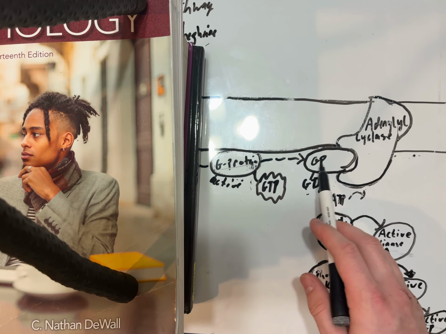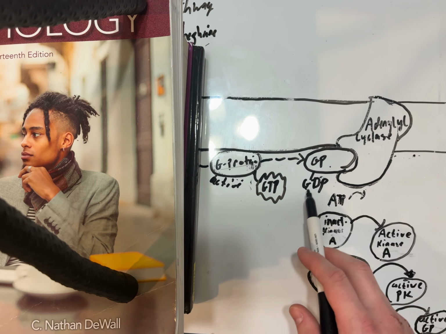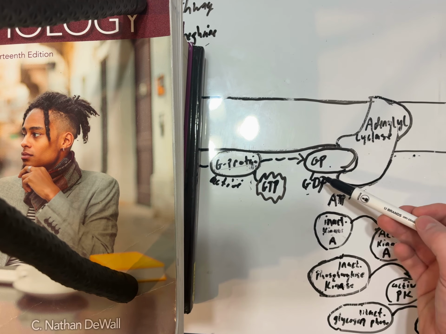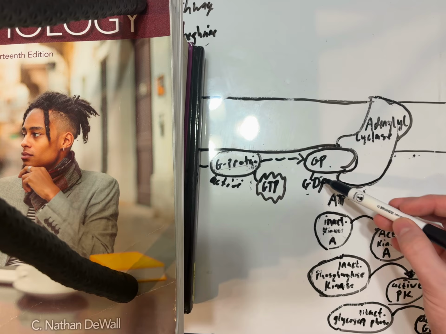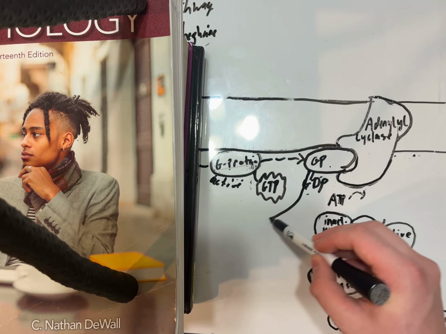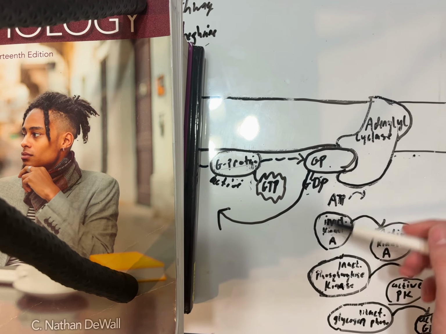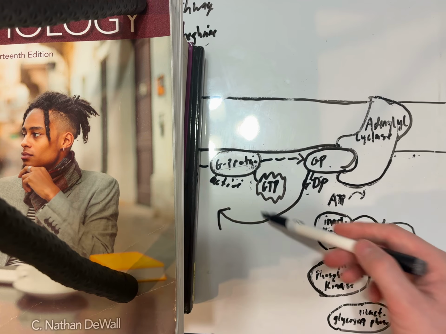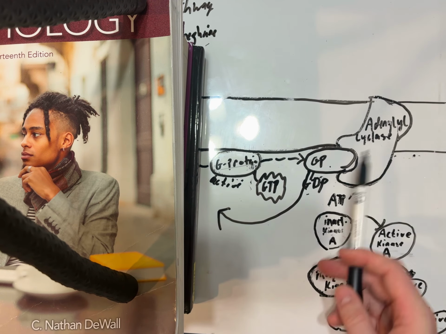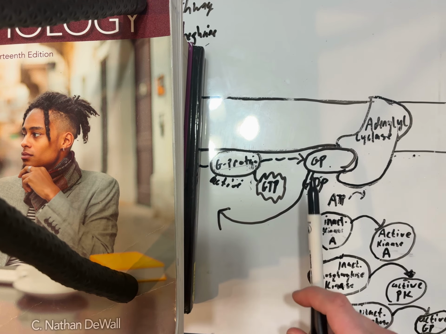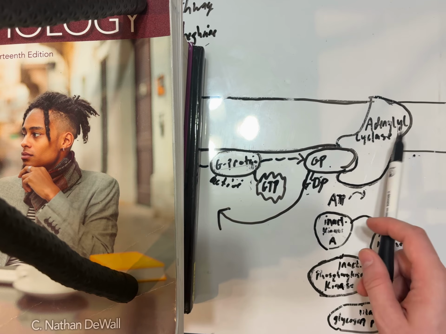So now that this G protein has been inactivated because it's back to GDP, which is its inactive form, this G protein can just go back and start the pathway again if it needs to. It can go back to its resting state that we had at the beginning. But now we have an active adenylyl cyclase.